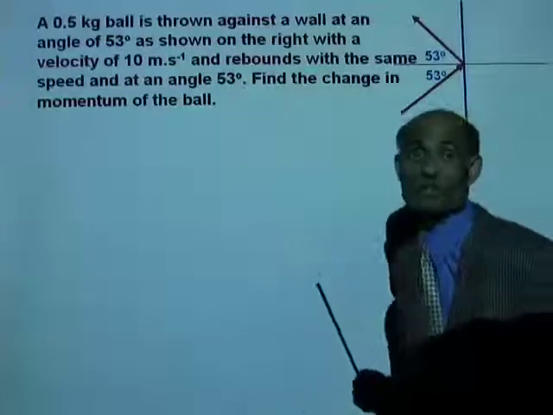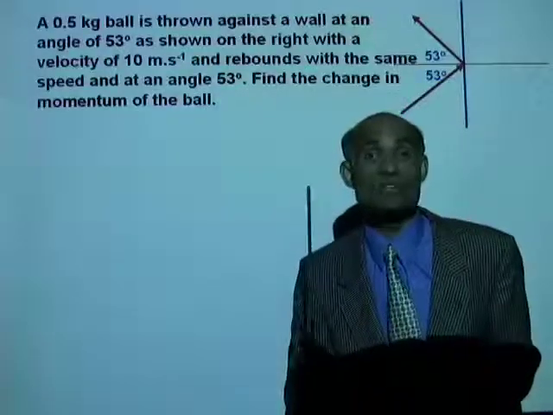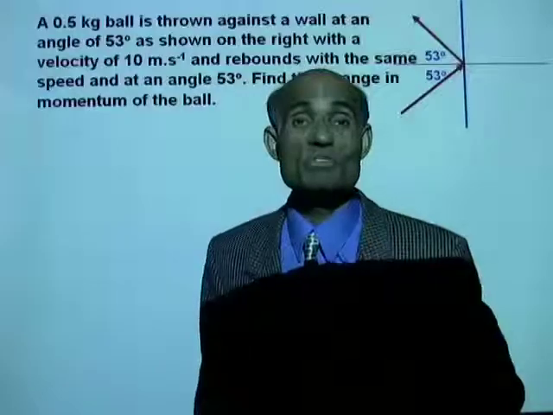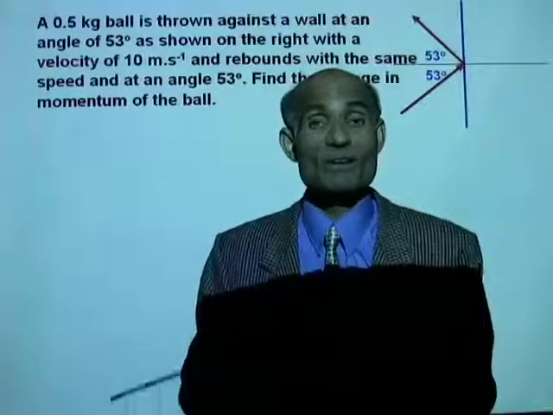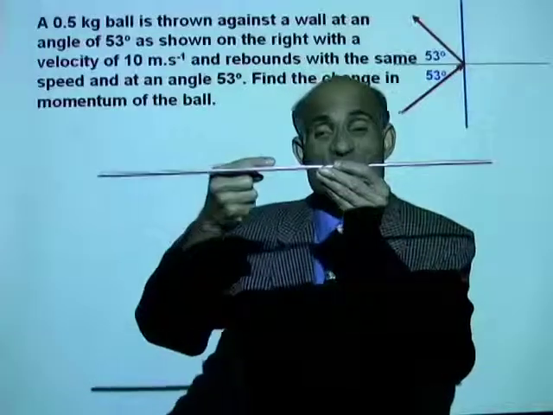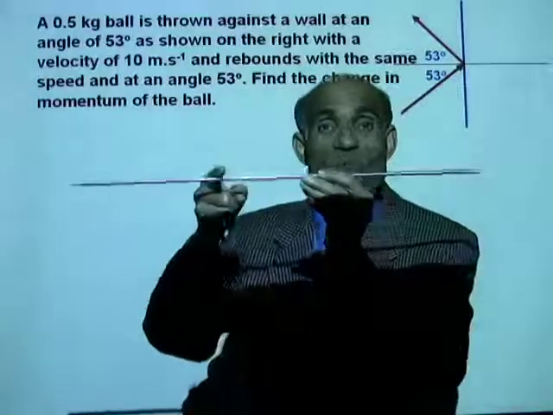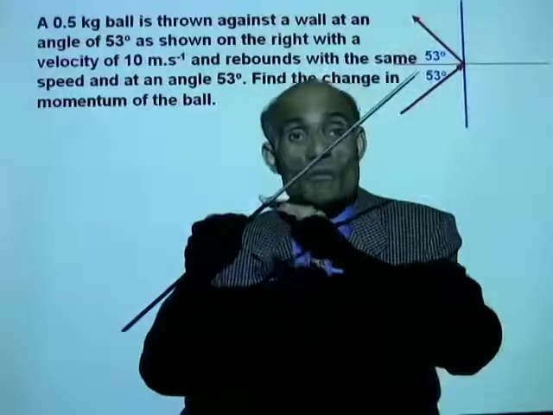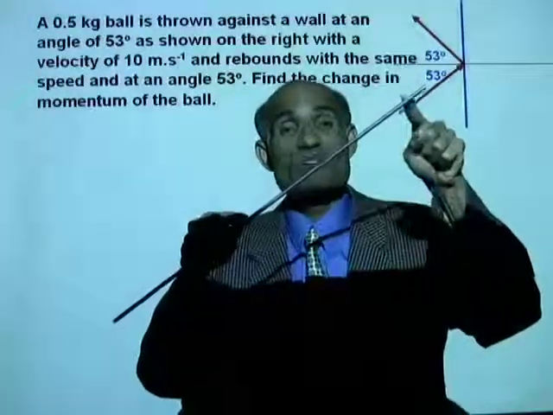Alright, this time also we need to find the change in momentum of the ball. The difference between this problem and the previous one: in the previous one the momentum was just in one direction, it's a one-dimensional phenomenon, whereas now the momentum is a two-dimensional phenomenon.